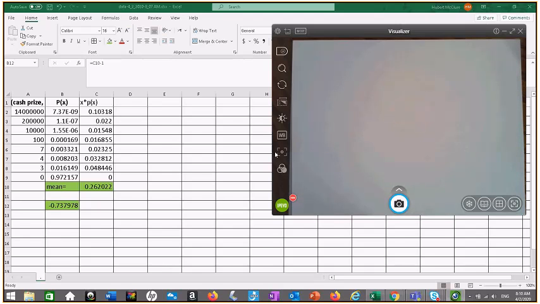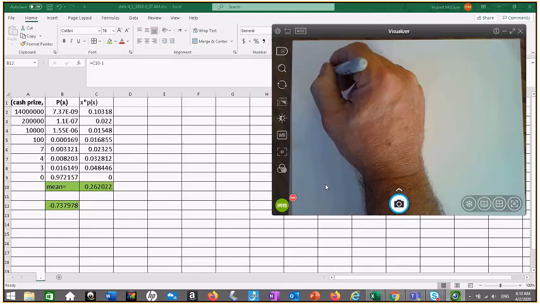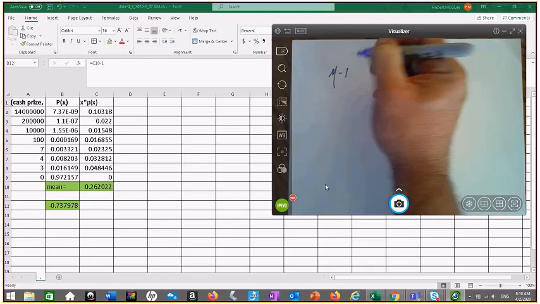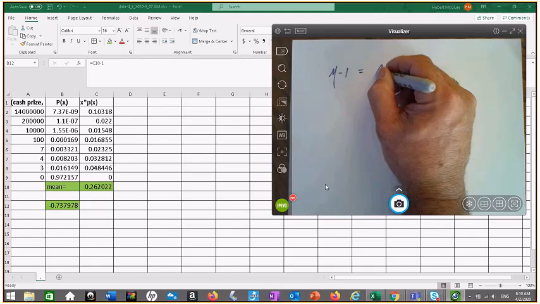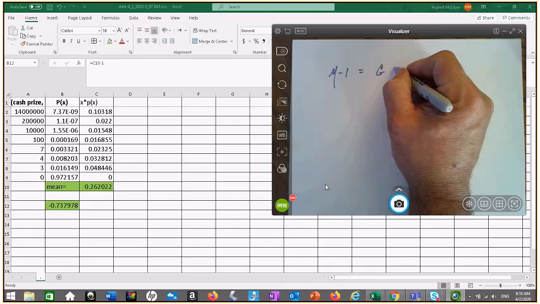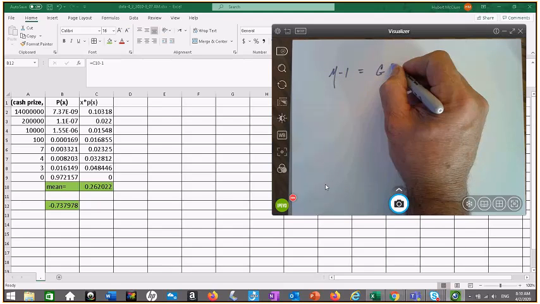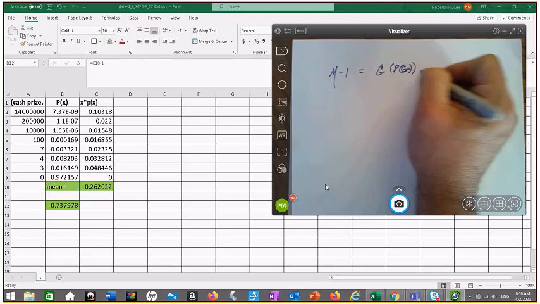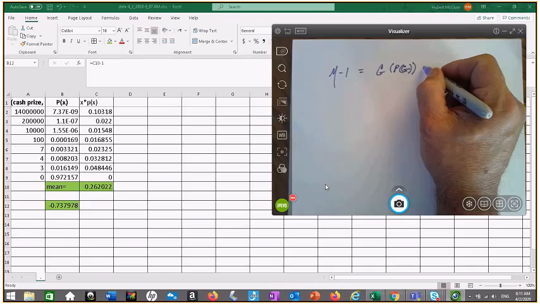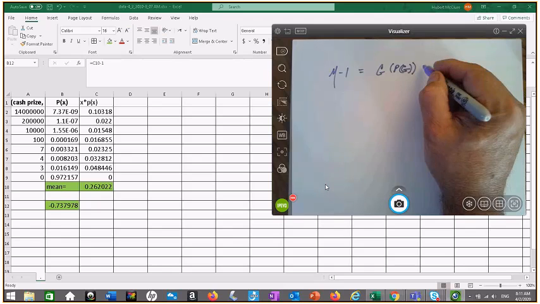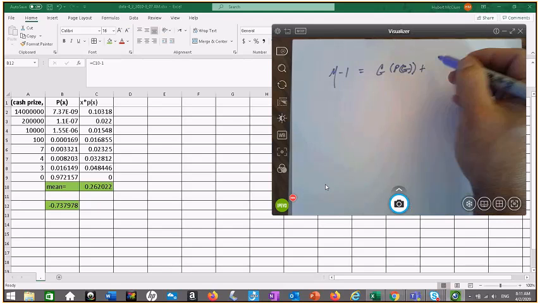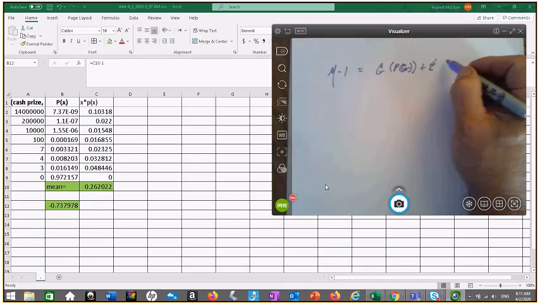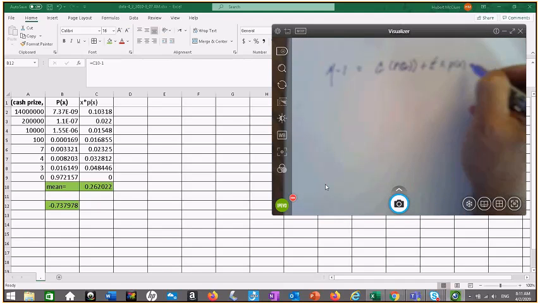All right. Now, I'm going to give you the formula. It's mu minus 1 is equal to the grand prize times the probability of the grand prize and I'm writing this plus the summation of x times p of x minus 1.